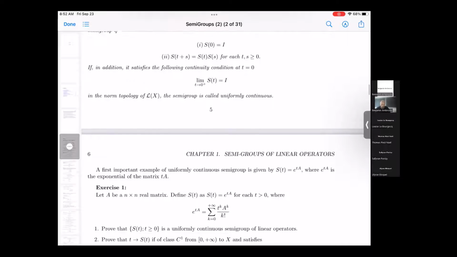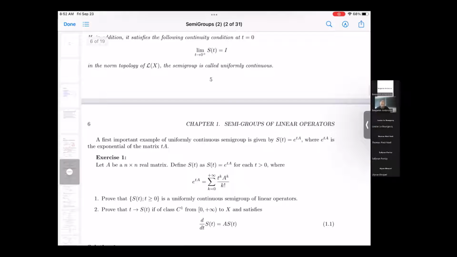The exercise is to prove, first, that S of t is a uniformly continuous semigroup of linear operators, and second, that you can differentiate it, and in fact it's of class C1, meaning the derivative is continuous from 0 plus infinity into X.